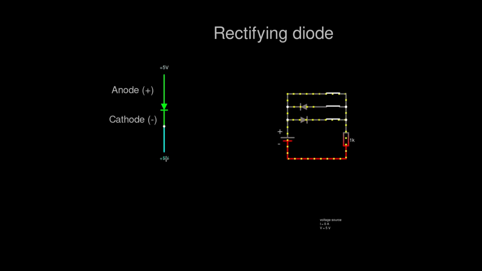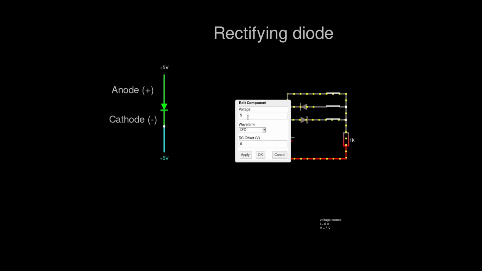First of all, let's change the voltage in here. Let's put it to, let's say, 15 volts. In that case, we can see that there is some current going from the higher potential to the lower potential. It doesn't block all the current, but the current over here is minimal.